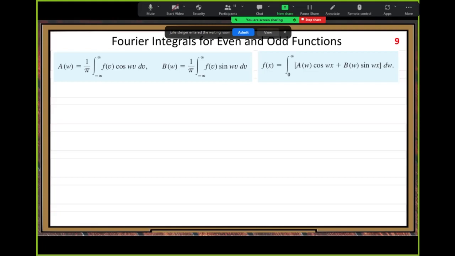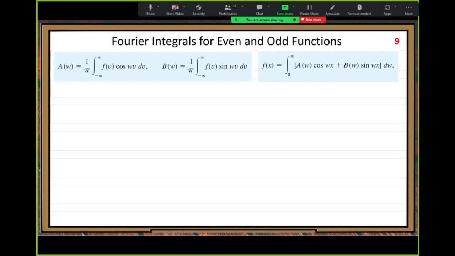But when we consider the Fourier integral from negative infinity to positive infinity, the general case, we pay special attention to two special cases: the even case and the odd case. The reason is very simple.